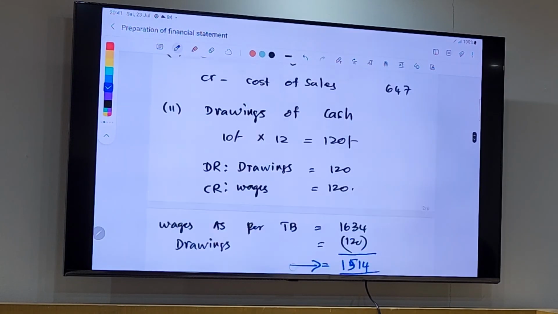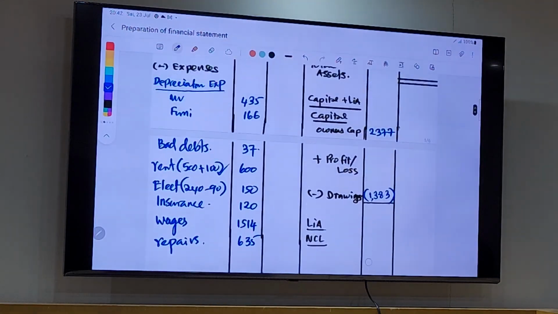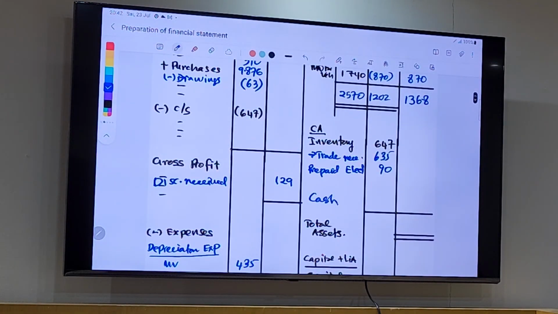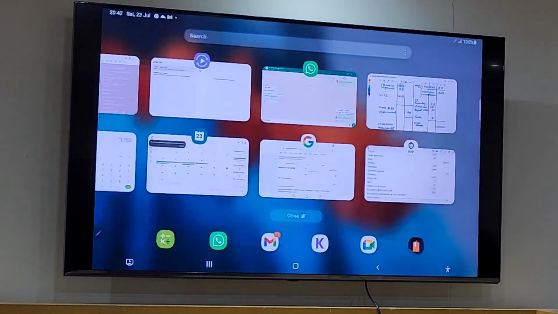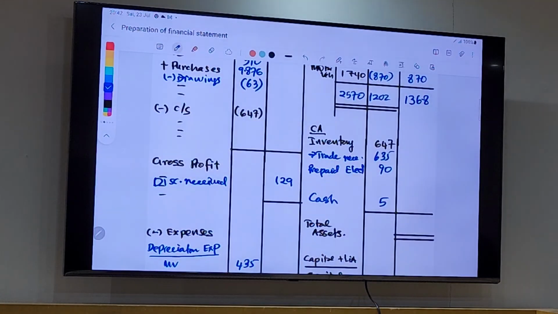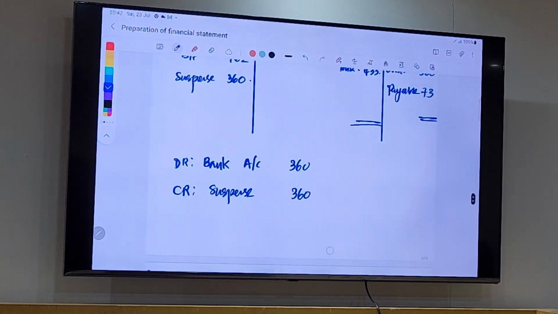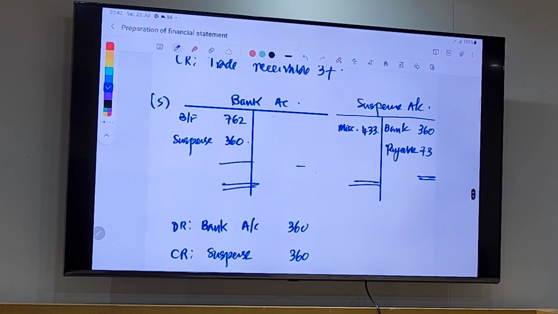Then we have petty cash. So petty cash will come here as 5. Bank 760. Any adjustment to bank? There is an adjustment to bank, I think. Yes, 228. 762 plus 360, 1122.